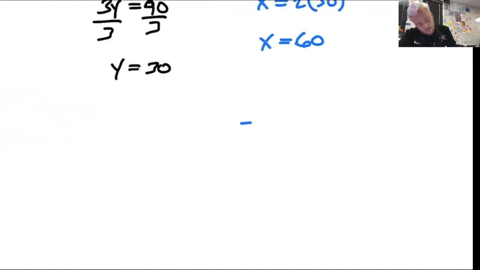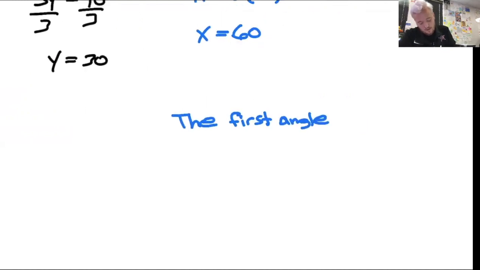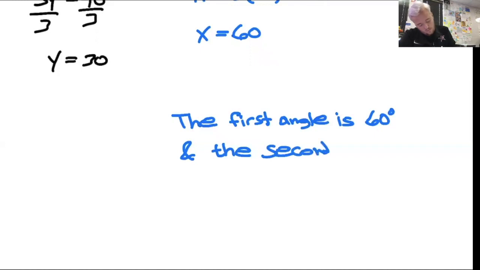So the first angle is 60 degrees, and the second is 30 degrees. That's terrible. Still terrible, but you know what? Close enough.